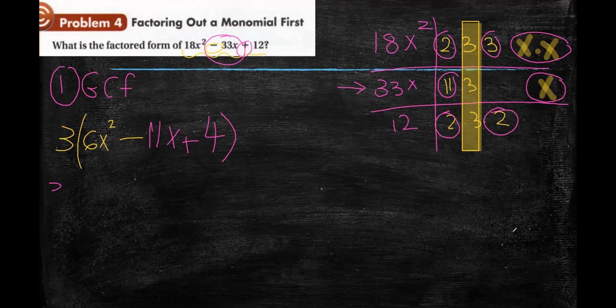Now, don't forget to write the 3, then open the big bracket. Here we have ax squared minus bx plus c. So let's now multiply a times c. A times c is 24.